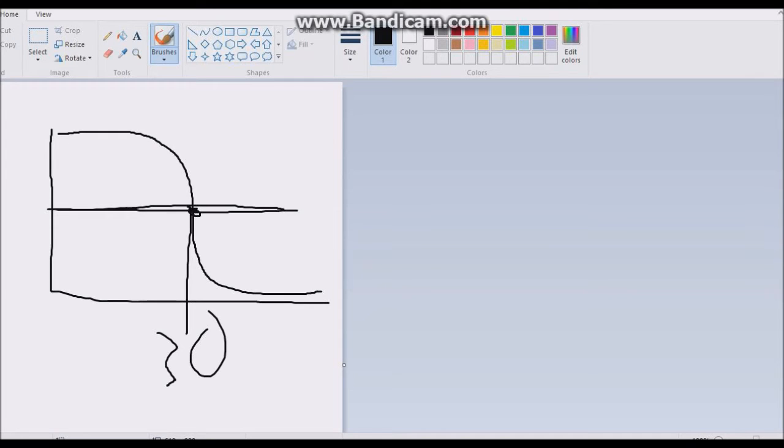Now, since it says 15, it is not the equivalence point just yet. So we're going to explain that right now.